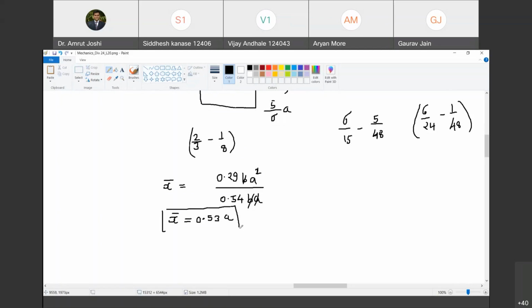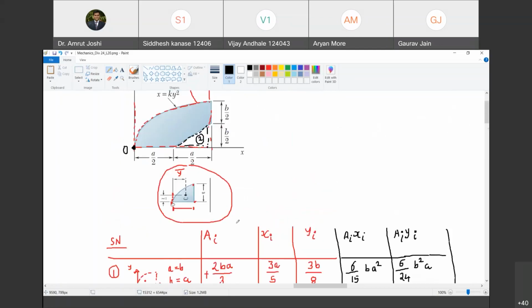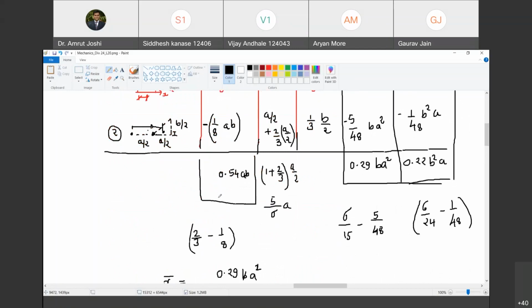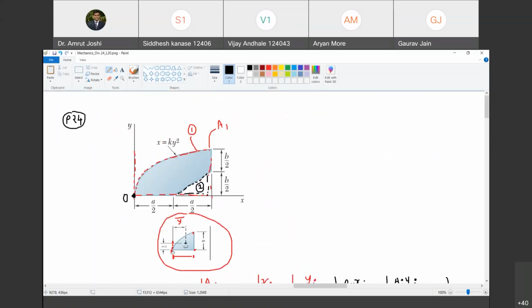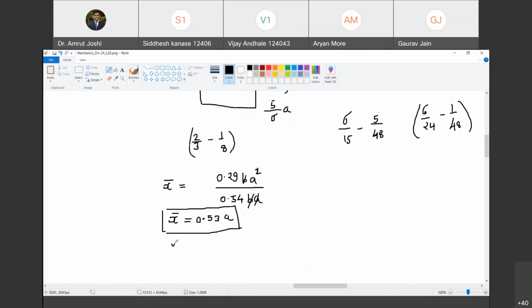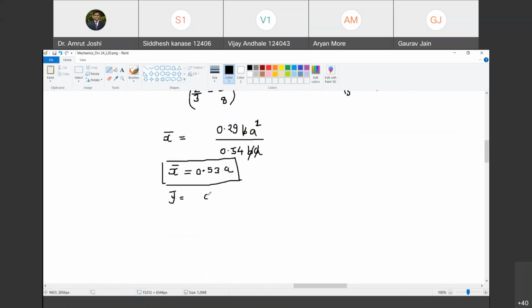So x bar is located at a distance 0.53 times A. So it is slightly ahead of A by 2, somewhere here. Are you with me? Yes, sir. Somewhere here along this line. And now let us try to find out y bar. So what is y bar? Y bar is summation AI yi, that is 0.22 B square A divided by 0.54 BA.